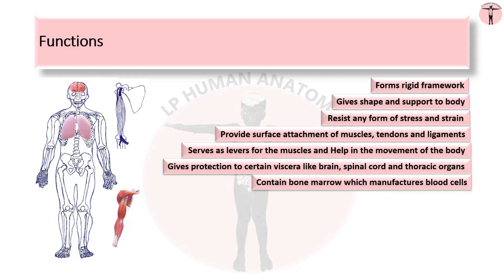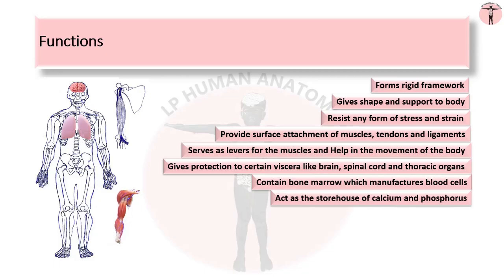They contain bone marrow which manufactures blood cells. Bones act as the storehouse of calcium and phosphorus.